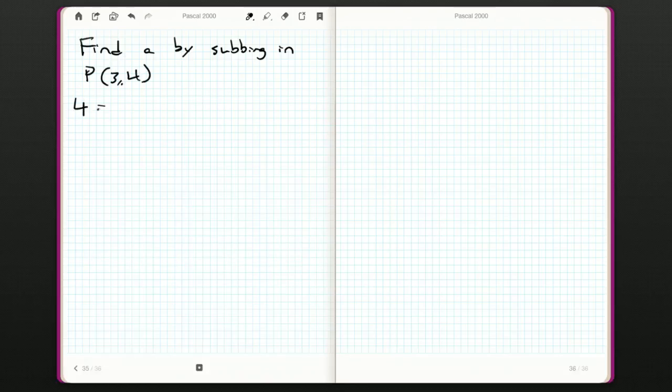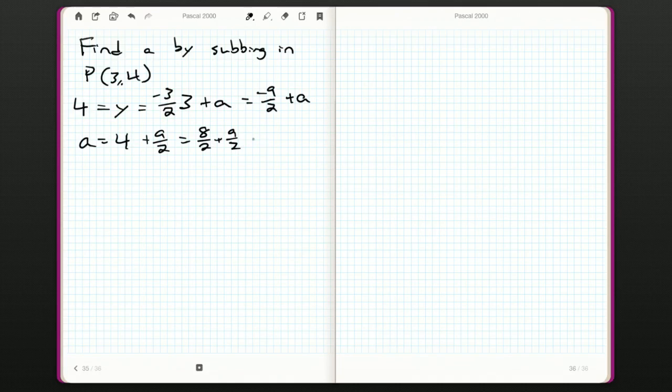So the y-coordinate is 4, and we want it to be -3/2 times x plus a, so that's -9/2 plus a, so a is going to be 4 plus 9/2, which is 8/2 plus 9/2, which is 17 over 2.